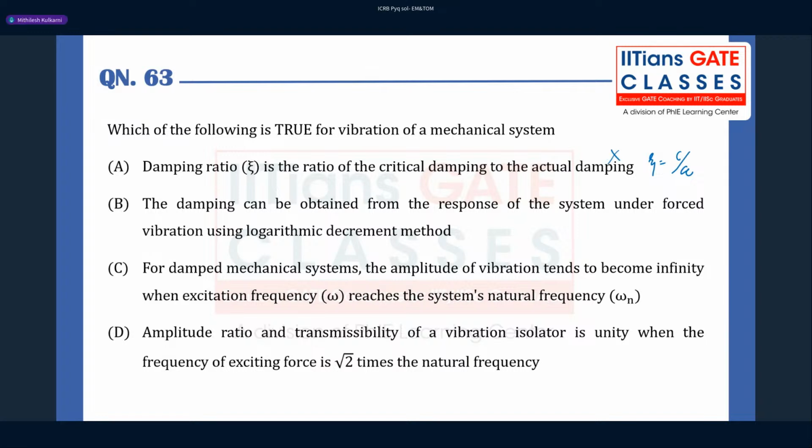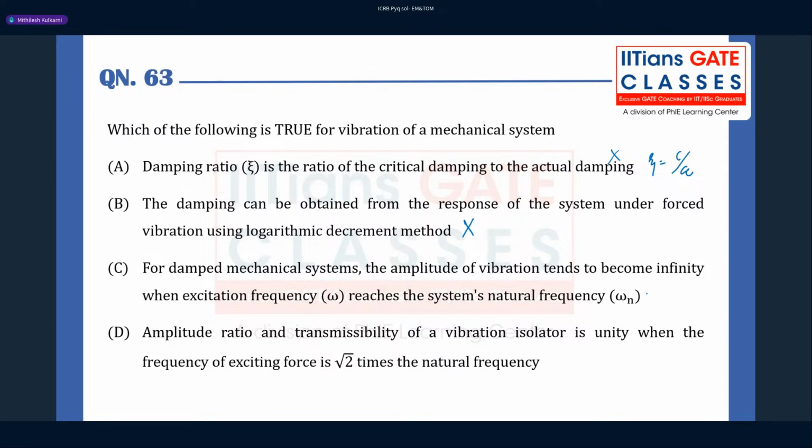The second statement is that damping can be obtained from the response of a system under forced vibration using the logarithmic decrement method. This is also incorrect because logarithmic decrement is used to obtain the damping in case of free vibrations, not forced vibration. Hence, this is incorrect. For the damped mechanical system, the amplitude of the vibration tends to become infinity when the excitation frequency reaches the system's natural frequency.